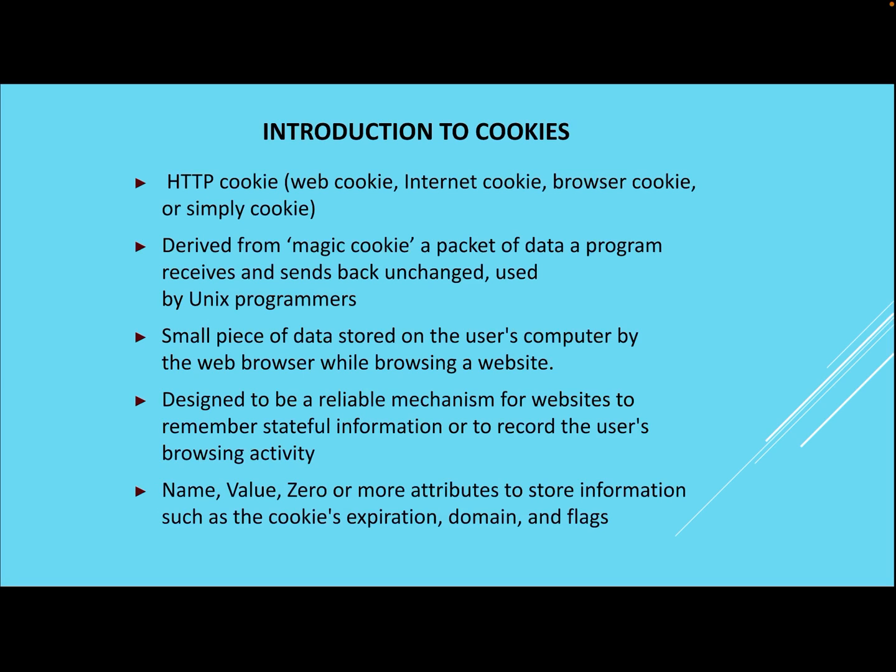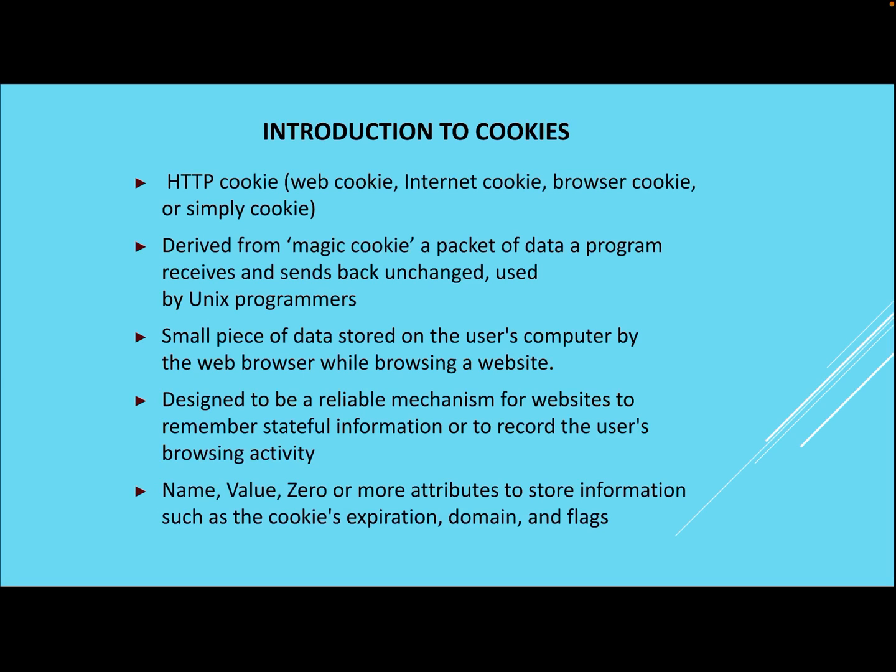So when we are accessing a particular website from our device for the first time, this cookie is created by the information sent by the server to the client machine. And the web browser is responsible for creating this cookie and managing this cookie. This piece of information is actually stored in the hard disk of our machine, our device, and the corresponding information will be sent back to the server when needed.